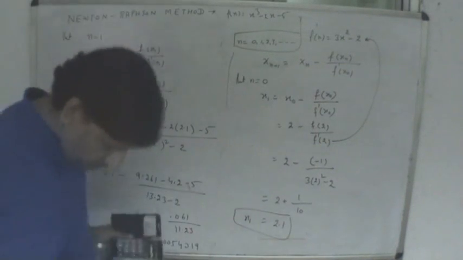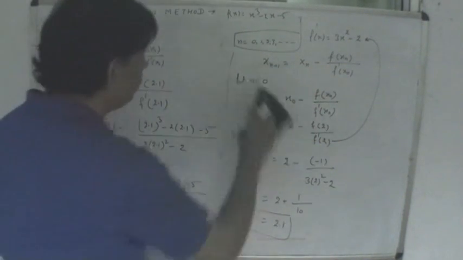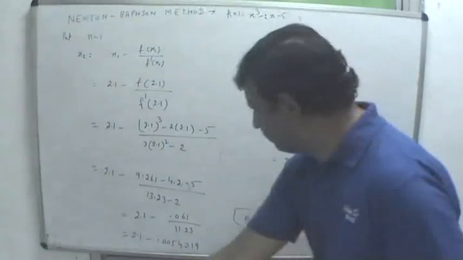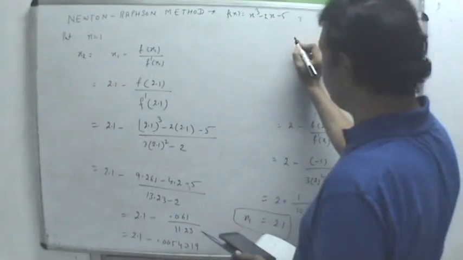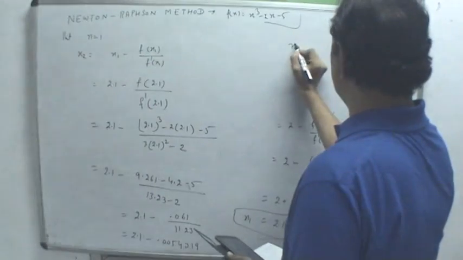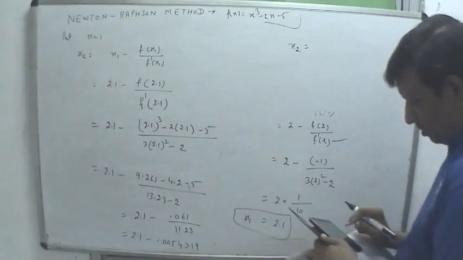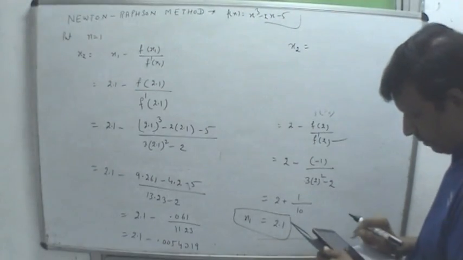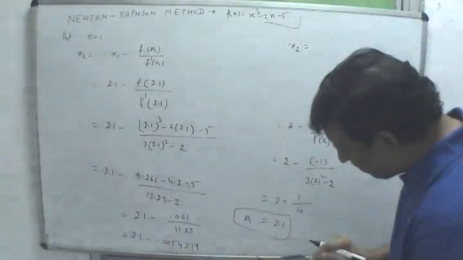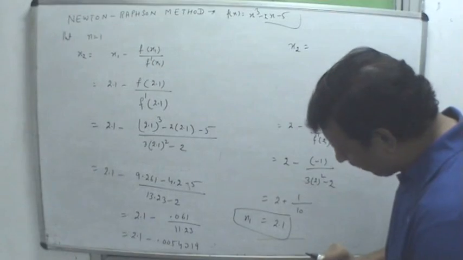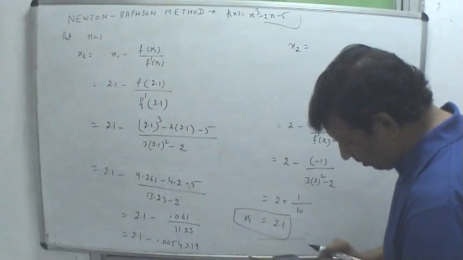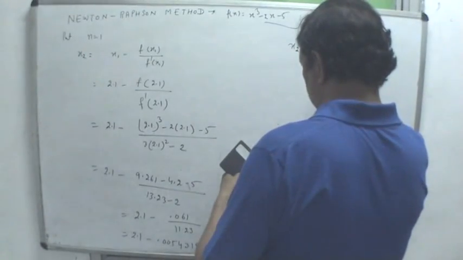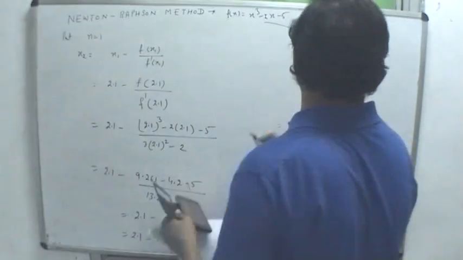That comes to be, say, x2 equal to 2.1 minus 0.0054319, that's equal to 2.0945681.